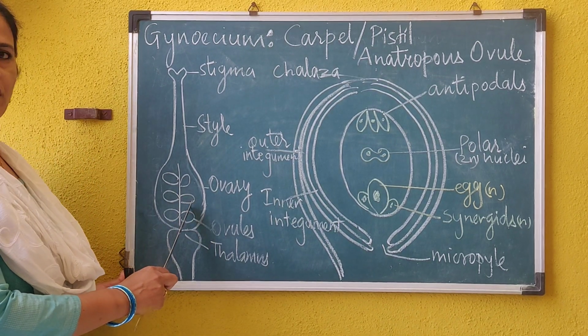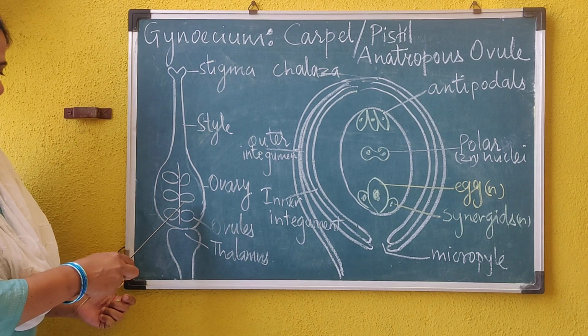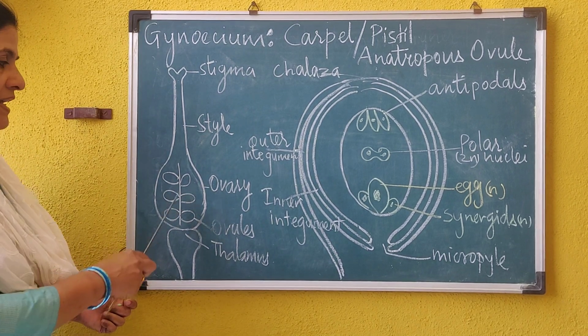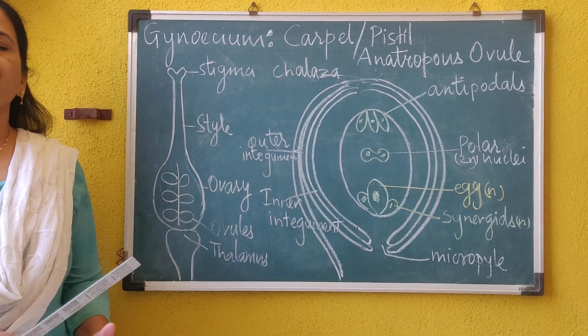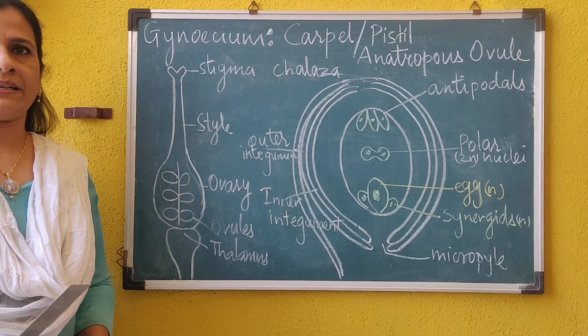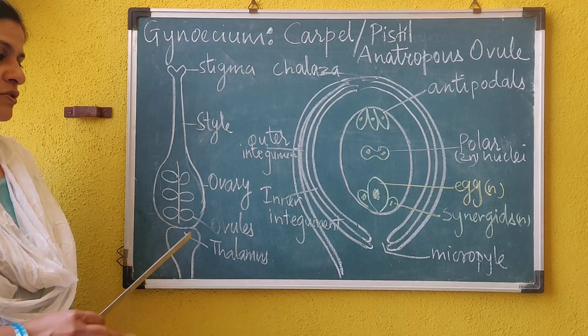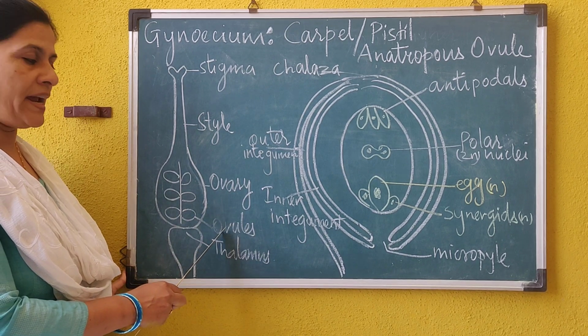So it can be uniovulate or it can be multi-ovulate as it is seen in this diagram. Multi-ovulate ovary has many ovules, which you can observe in fruit like bhindi, and similarly in tomato also there are many ovules. So it is called as multi-ovulate.